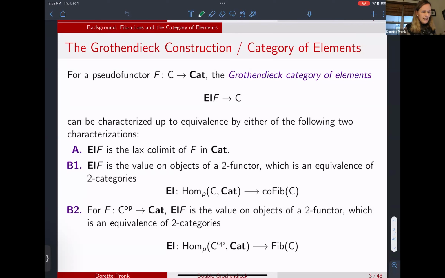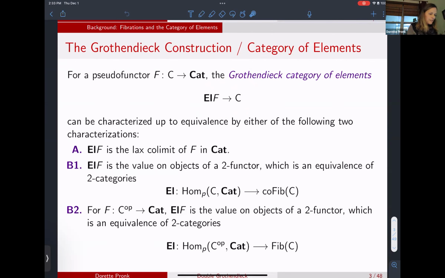The Grothendieck category of elements can be characterized in two ways: either as a lax, or as some people call it, an oplax colimit of a diagram in CAT, or as the object's part of a functor that gives an equivalence of two categories, depending on whether the original functor that I'm looking at here is covariant or contravariant.